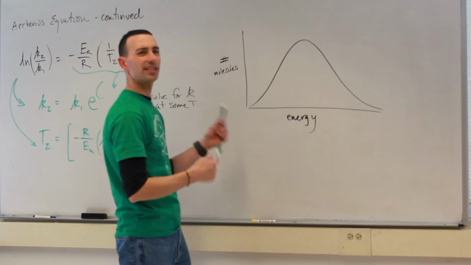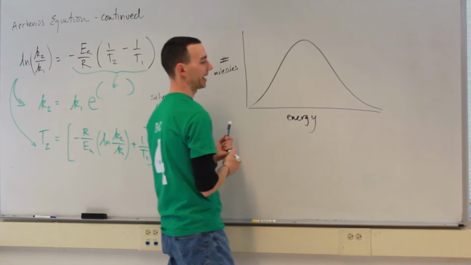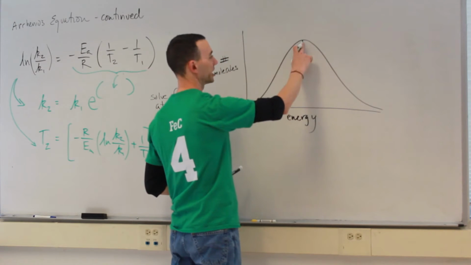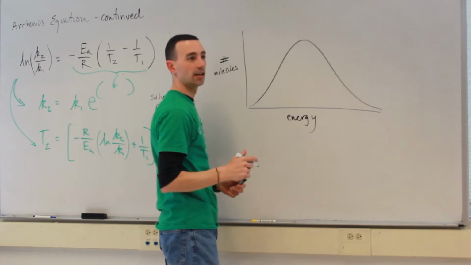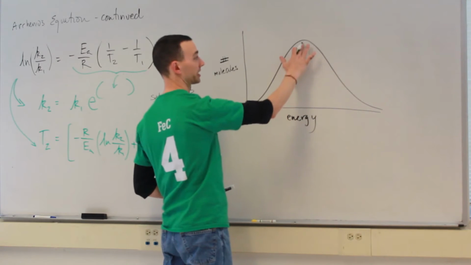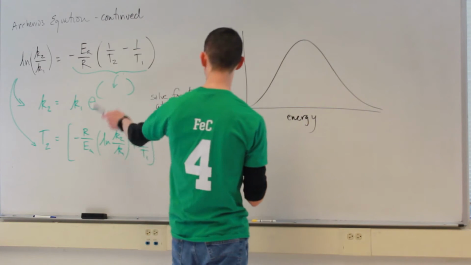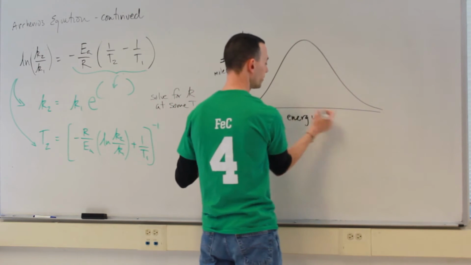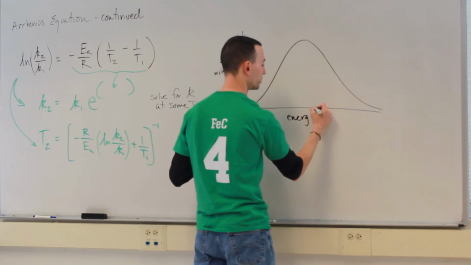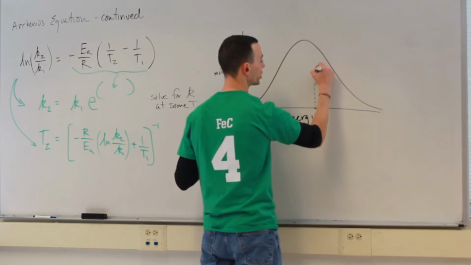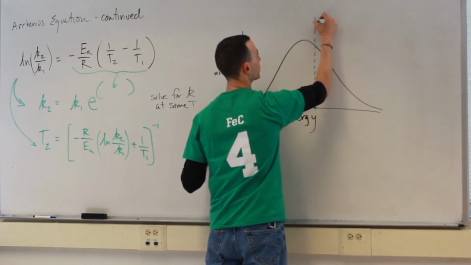Now remember, we looked at this first in gases back in chapter 5, and the average energy is what dictates the temperature. What would be new now to consider is this activation energy. So somewhere along the x-axis would be, what is the activation energy of your reaction?